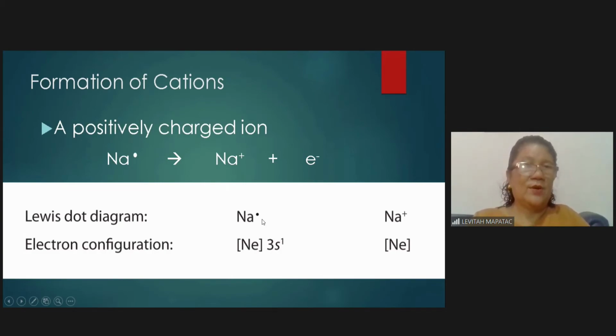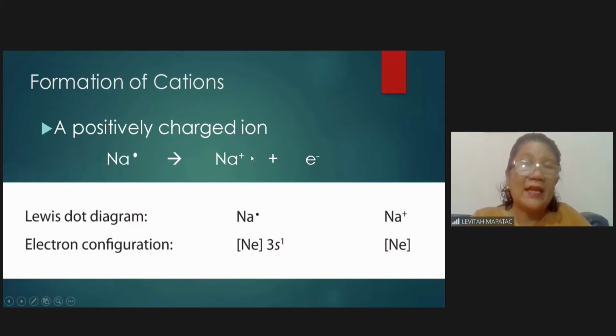So here in the formation of the cations, what happened? Your sodium has one extra electron, right? In order to make this sodium stable, it needs to give out that 1 electron.